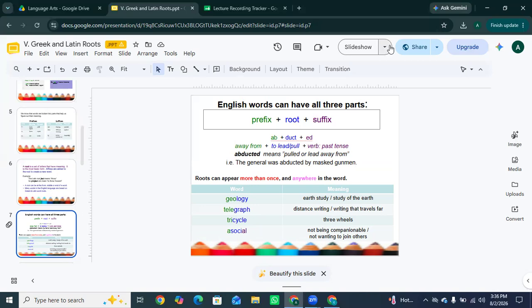Abducted means led away. So the general was abducted by masked men. Roots can appear more than once, anywhere in the word, like geology, telegraph, tricycle, and association.